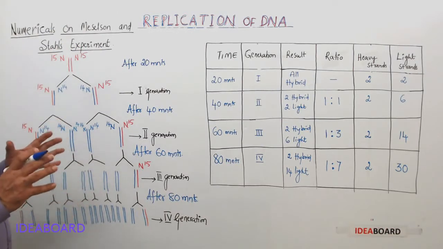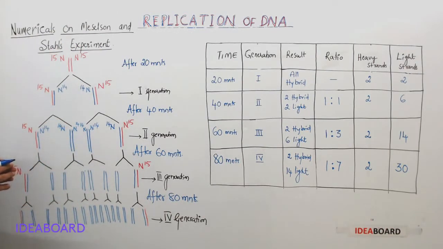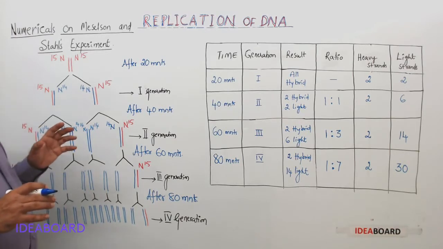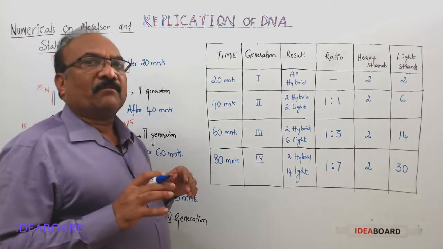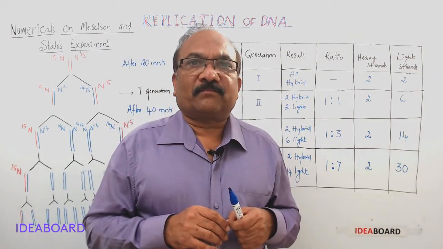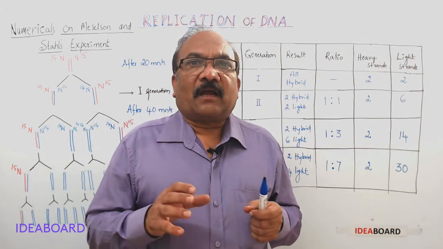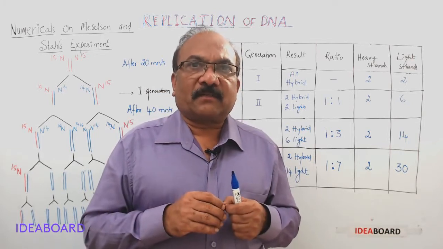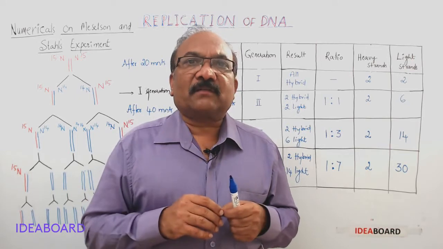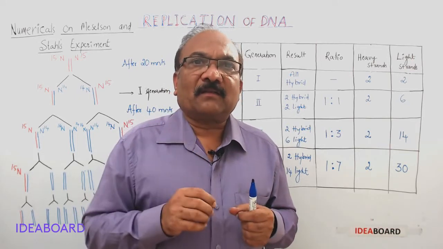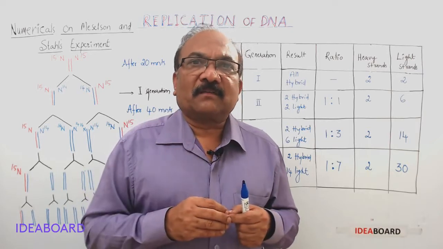What did Meselson and Stahl do? What was the experimental tool they used? E. coli bacteria. They were doing this experiment to find out which model of replication is correct.